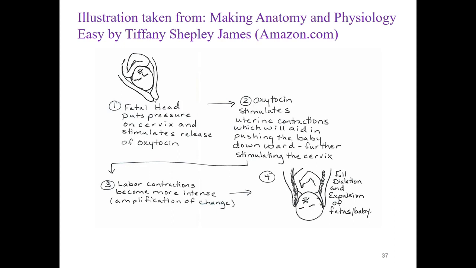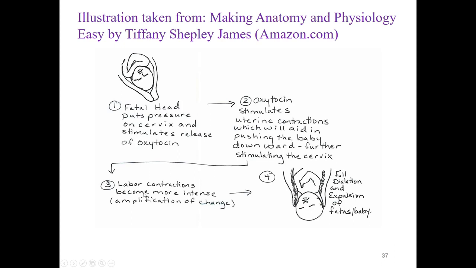And oxytocin is a hormone that causes the uterus to contract. Contractions equal baby coming out, so we want that. So as it says, oxytocin will stimulate uterine contractions, which will help to push the baby downward, further stimulating the cervix. So more oxytocin is released.